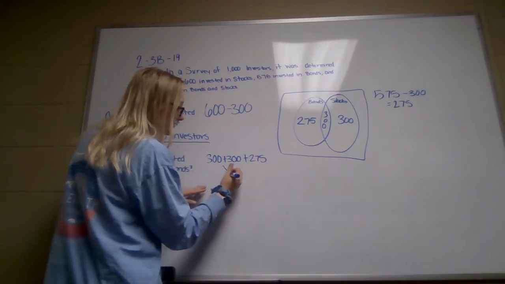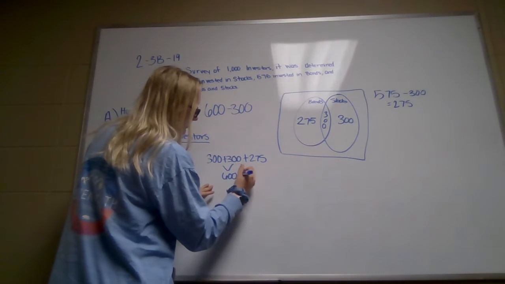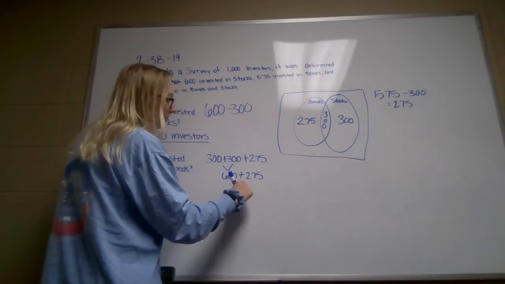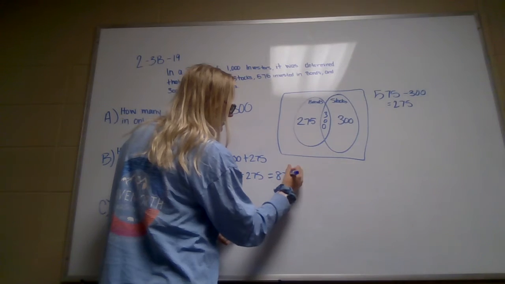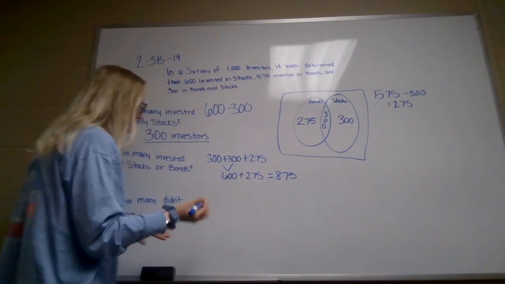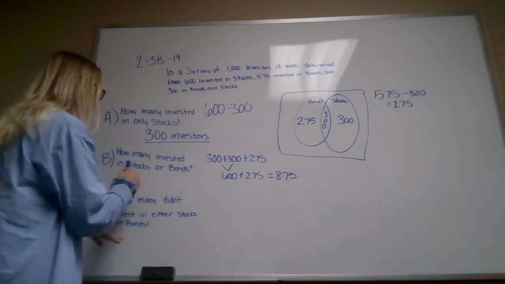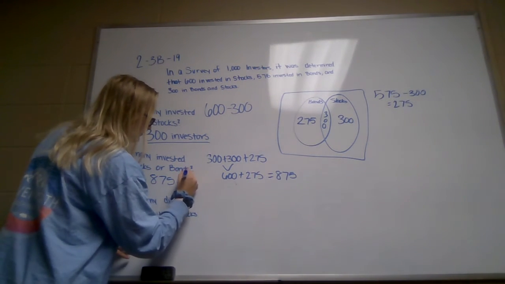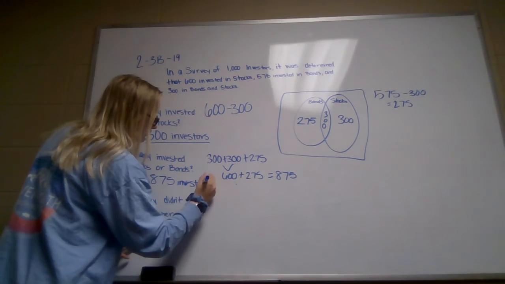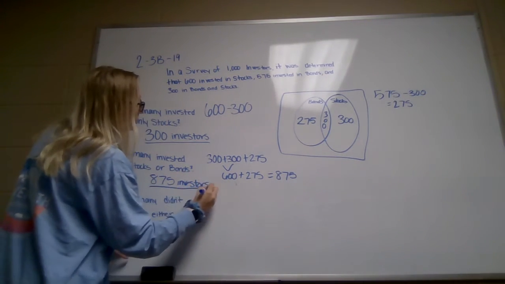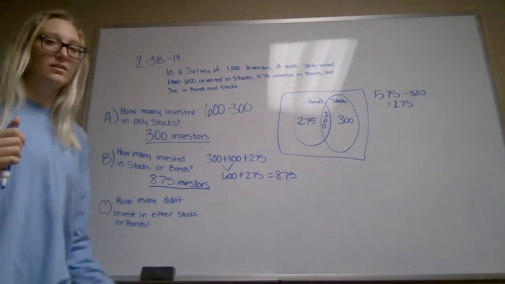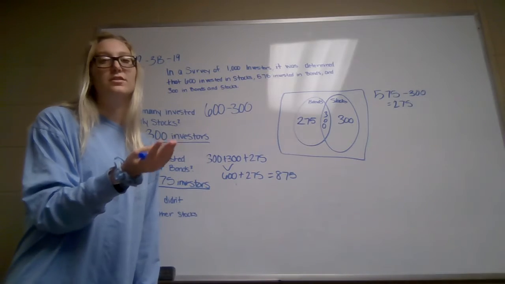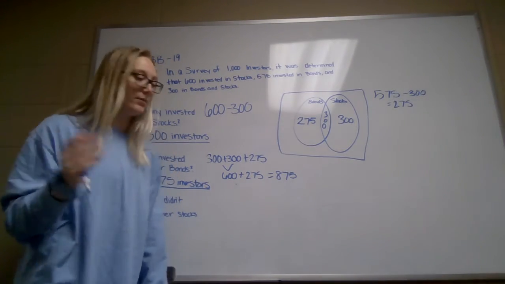Well, I know 300 and 300 equals 600, and then I'll just add 275. That equals 875. So that is our answer for B, 875. Remember your labels because those are important. 875 what? Investors, to know what we're talking about.